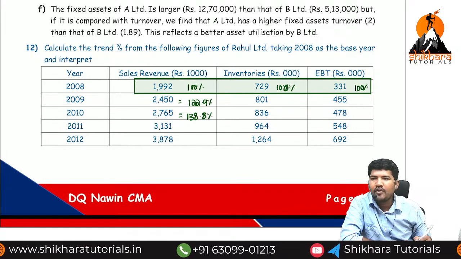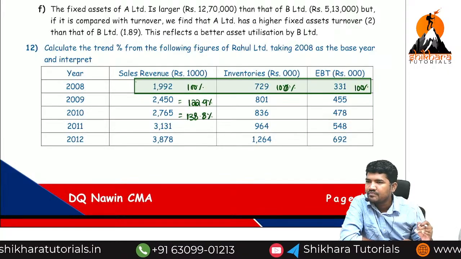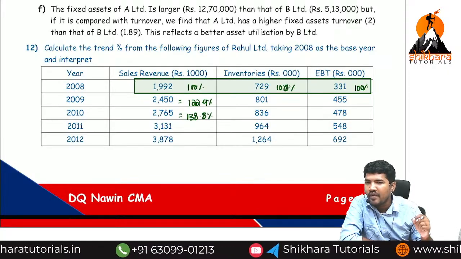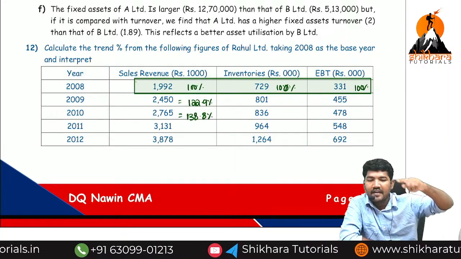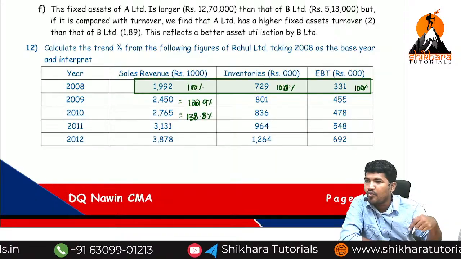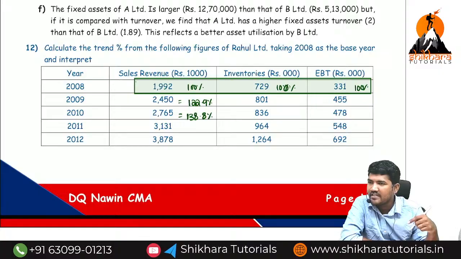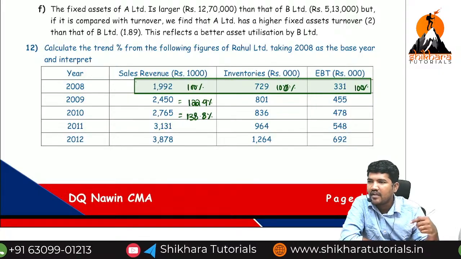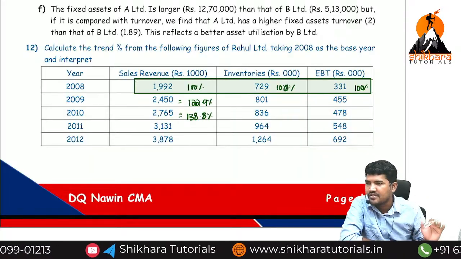Here we are not doing a percentage change, we are doing a trend change. Percentage change means new value minus old value divided by old value into 100, which happens in comparative statement analysis. Here I am doing trend analysis. That's why you have to take current year total value divided by base year total value, not differences.